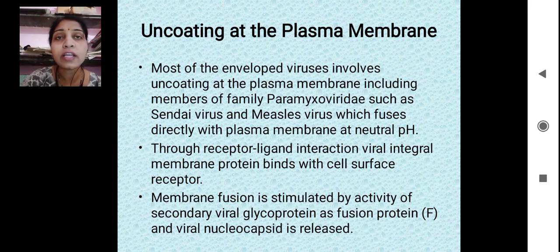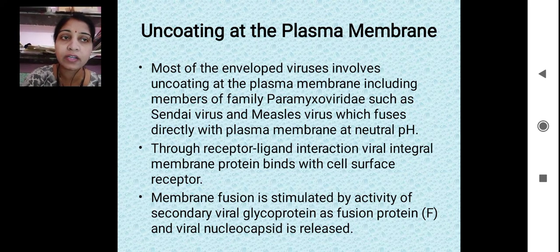The interaction between the viral membrane and the plasma membrane is carried out through receptor-ligand interaction, with receptors present on the surface of the host cell for attachment of viral particles. Through this interaction, the viral integral membrane proteins bind with the cell surface receptor.